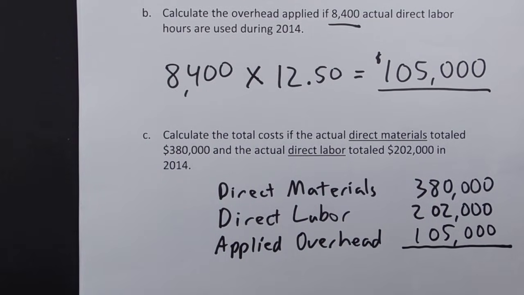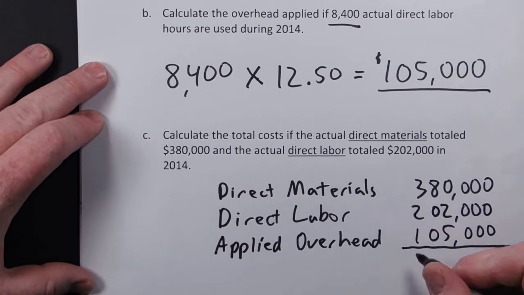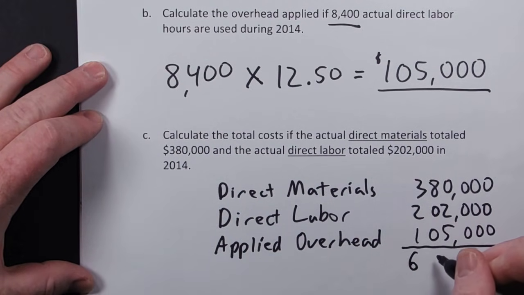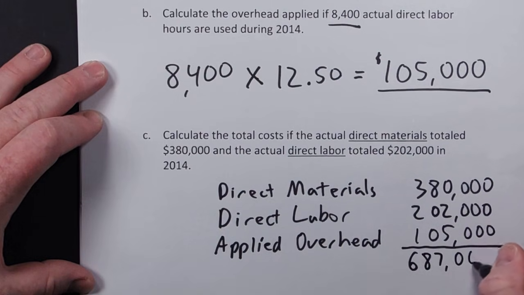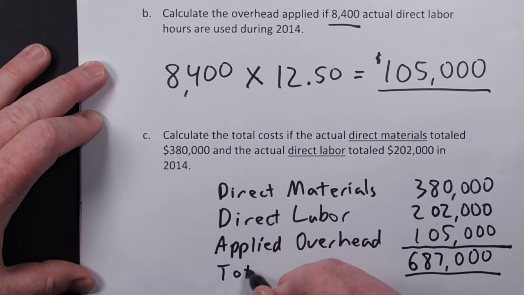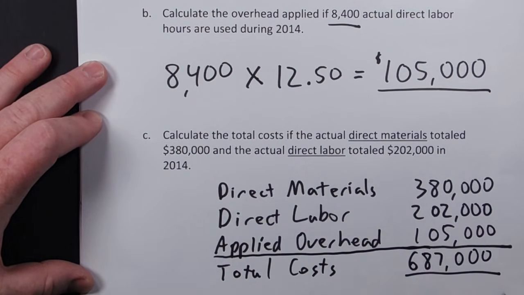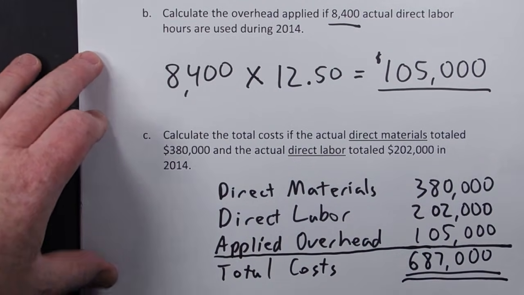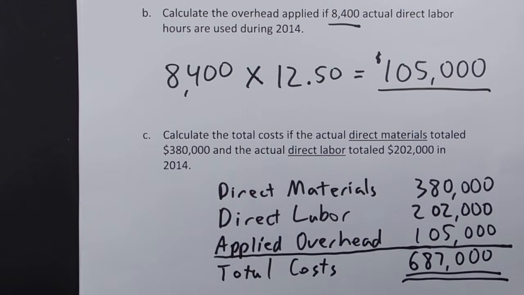And if we put those all together, add them all up, we come up with 687,000. So 687,000 would be the total cost that we would have for our production.